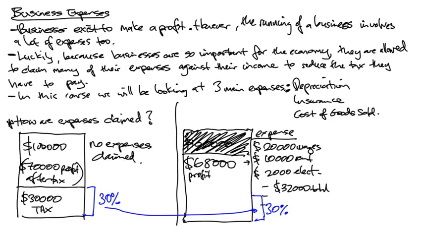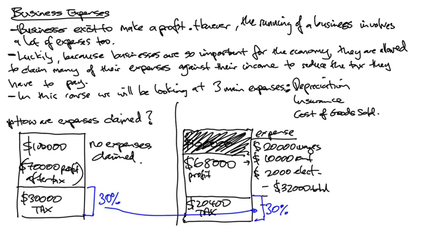So let's say they're getting taxed 30% of the 68,000, which is their profit after expenses have been claimed. Let me work out what 30% of 68,000 is: 0.3 times 68,000. So you end up with 20,400 tax to pay when they've claimed the expenses against their profit.